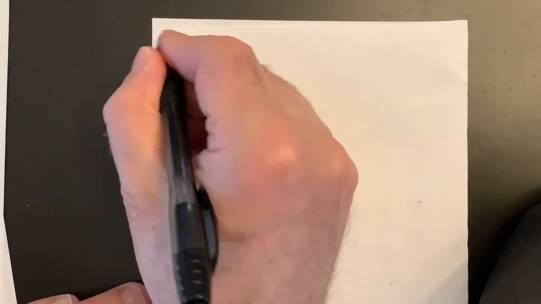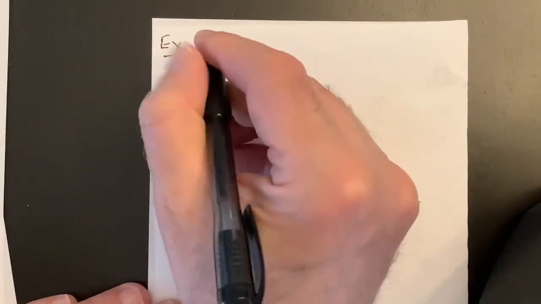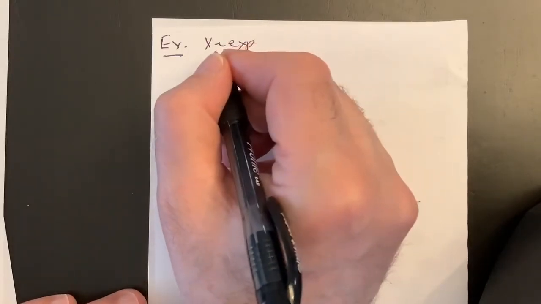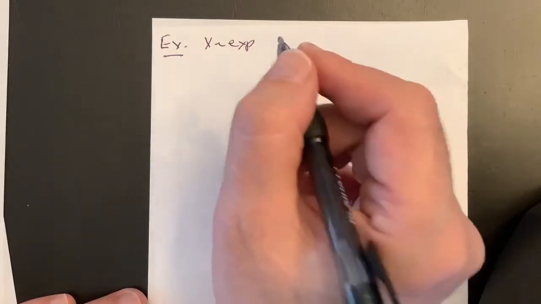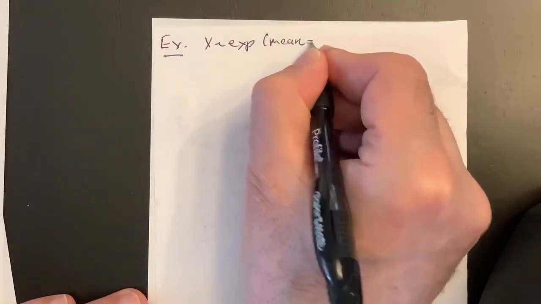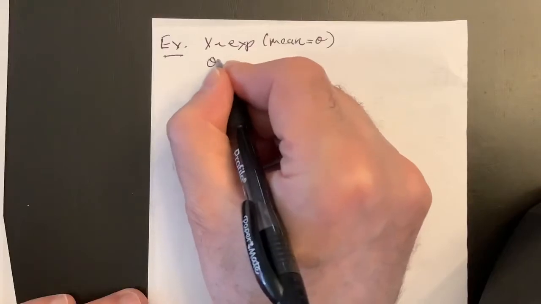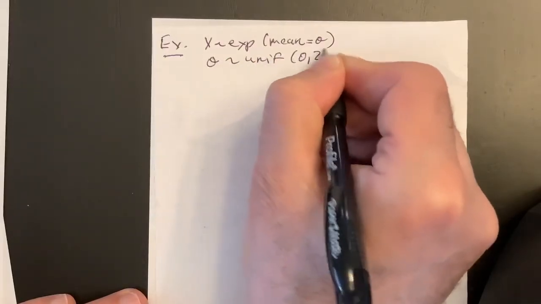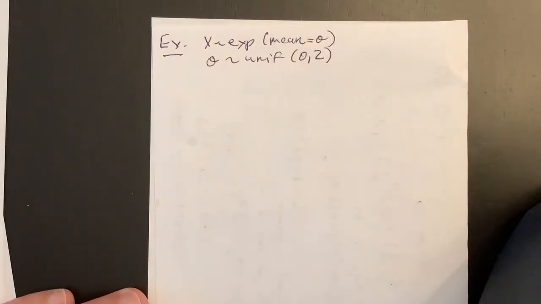As an example, suppose x is exponential with mean equal to theta, and theta is uniform 0, 2. Then what's the variance of x?